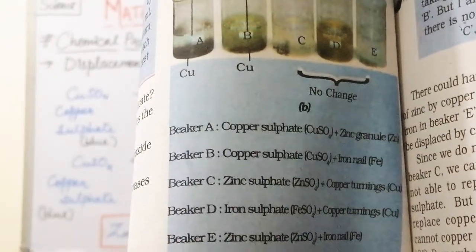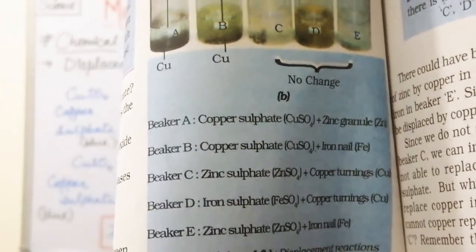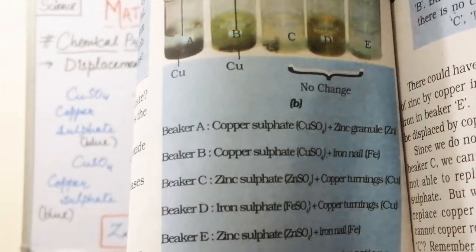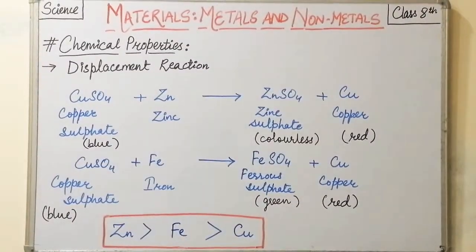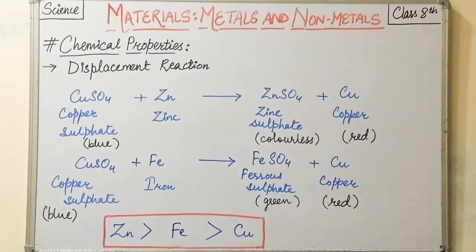And in the last one we can say that iron is less reactive than zinc. So basically ultimately we will come to know that copper is the least reactive, then comes iron, and finally zinc is the most reactive metal in this displacement reaction.